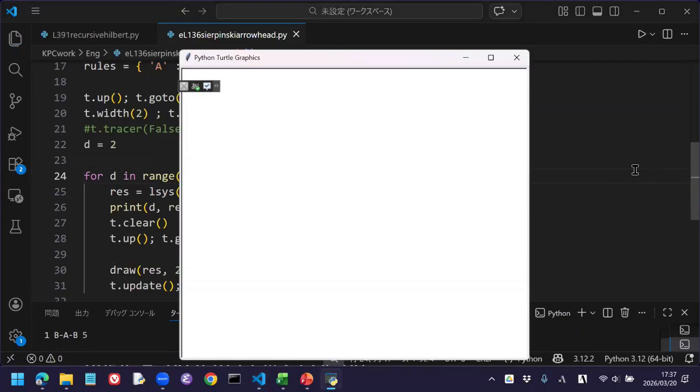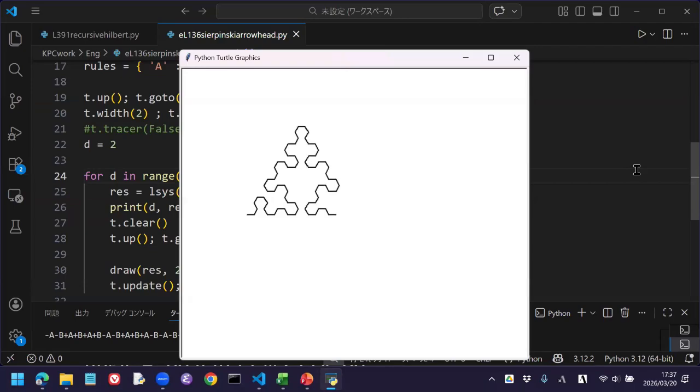0, 1, 2, 3. Good. So it always appears on the upper side, which is good. 5. But now it's too slow to see.